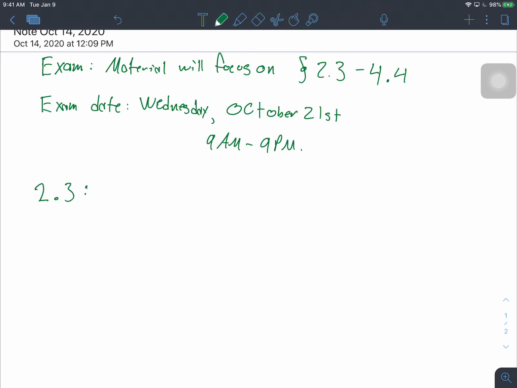Okay, so 2.3 was on interpretations of the derivative. One main thing that you should know from this chapter is how to interpret the derivative in the context of a word problem.